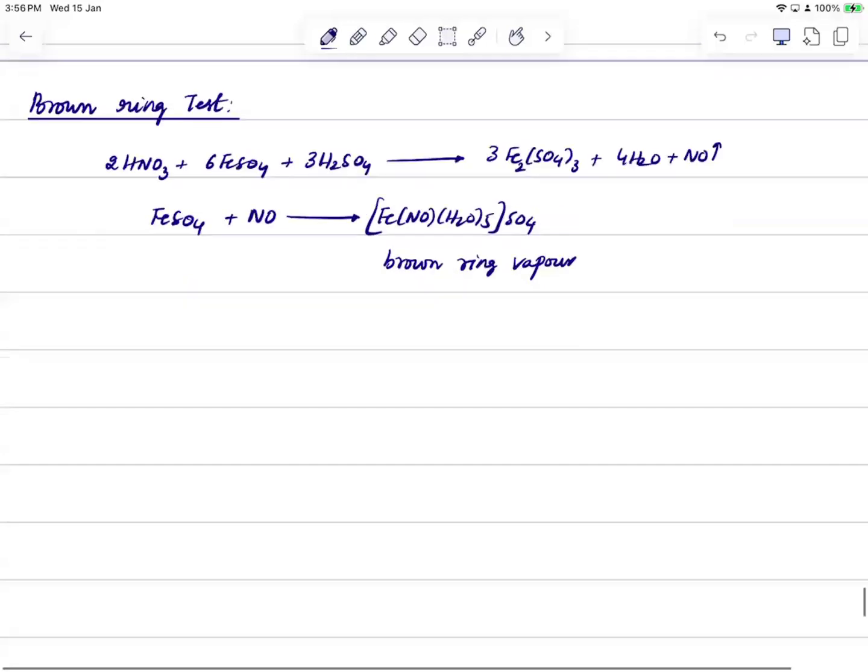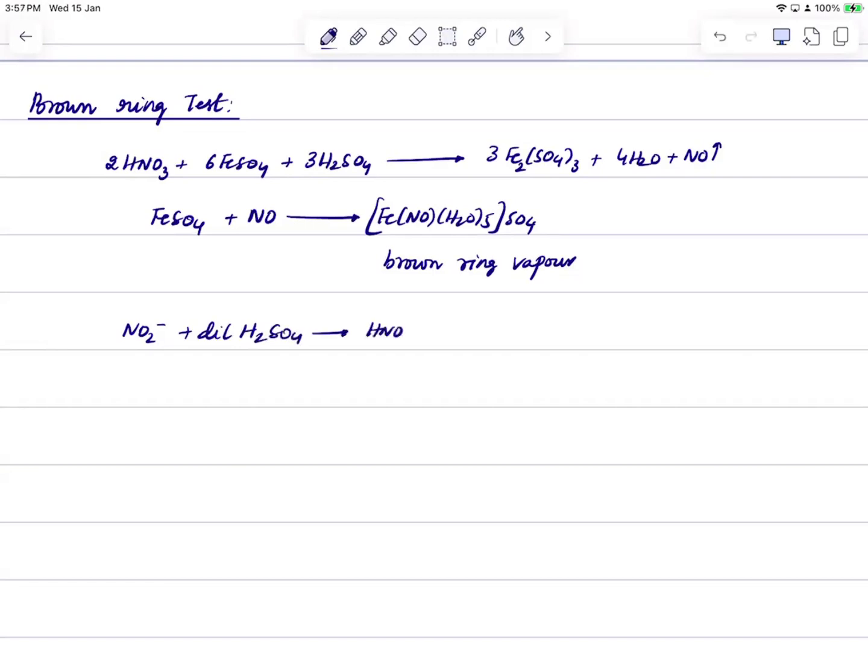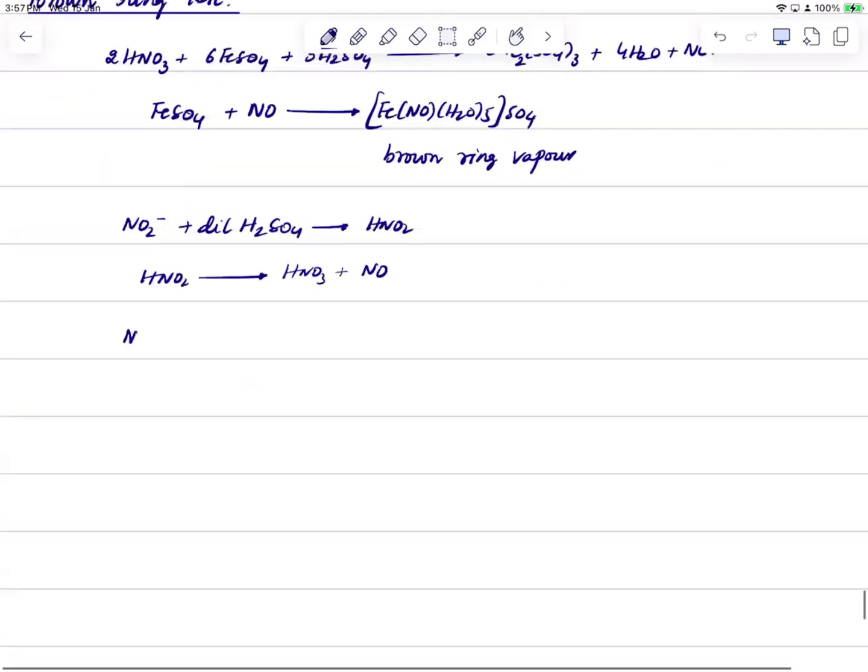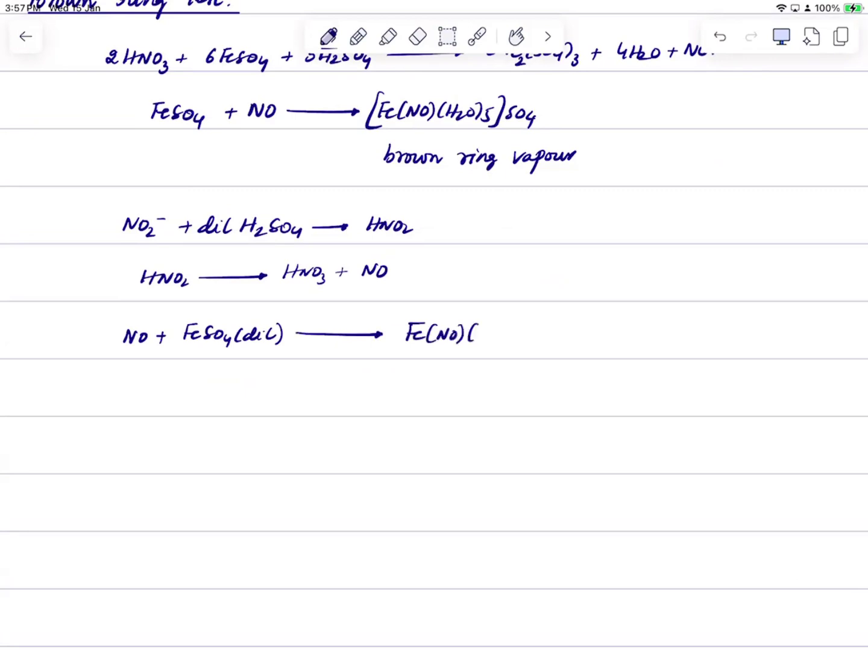Now, in the brown ring test, if it is NO2 minus with dilute H2SO4, we have already noticed that it will form HNO2, right? And HNO2 will not stay stable. It will undergo disproportionation to give NO. And directly you react this dilute FeSO4 with it from the walls. It will convert into this Fe NO H2O5 SO4.